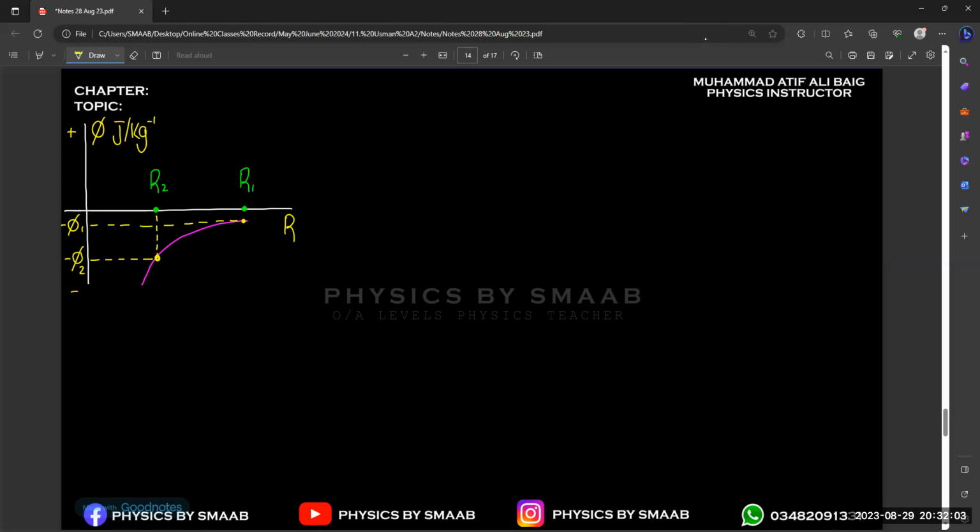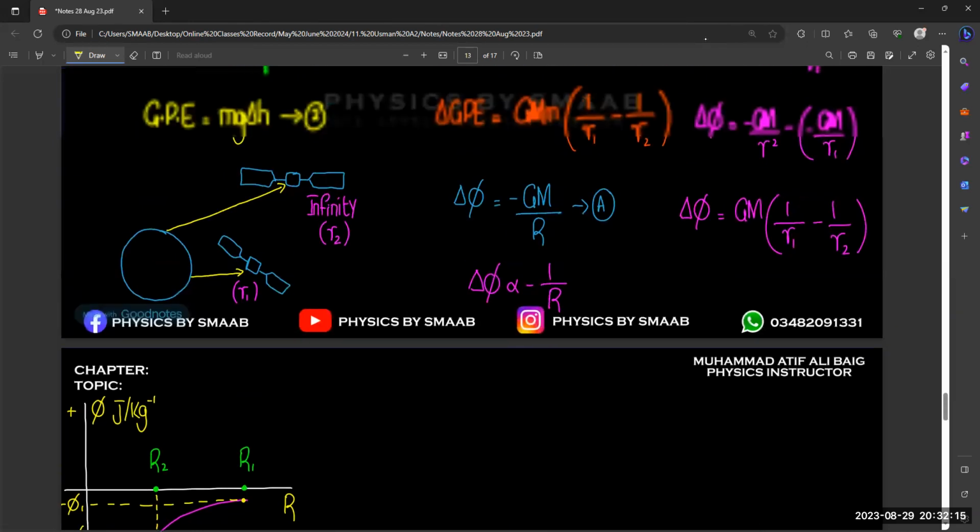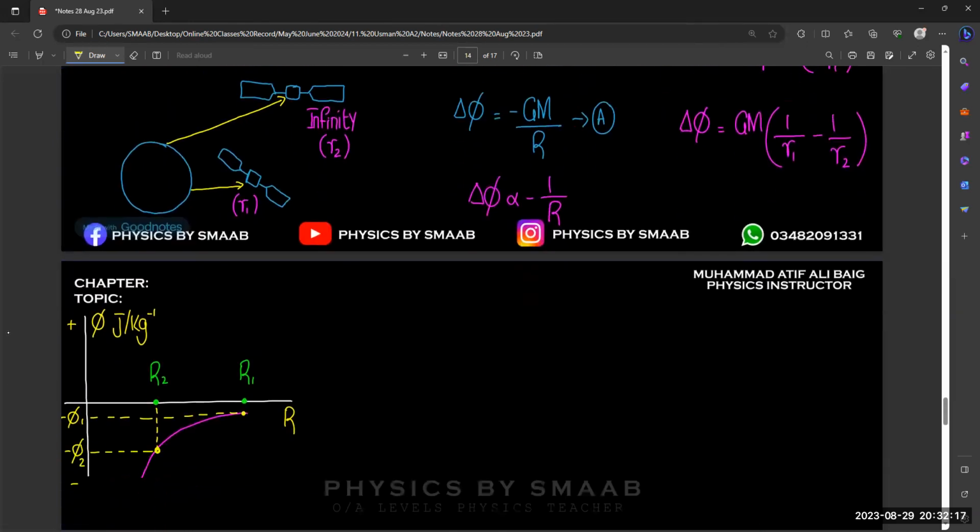Because when you are moving close to the planet, let's suppose you take R1 very close to the planet, just like the example of a satellite. At that point, your gravitational potential energy will not be very high because you are at a very low distance, right?